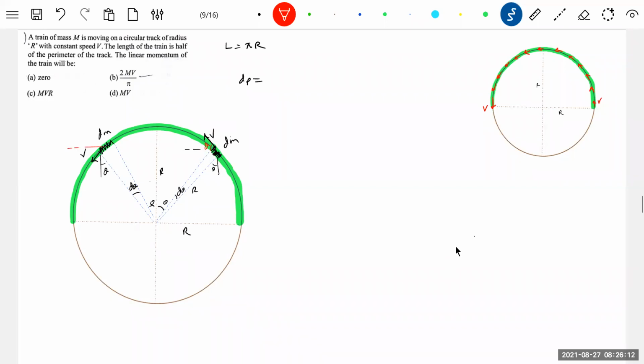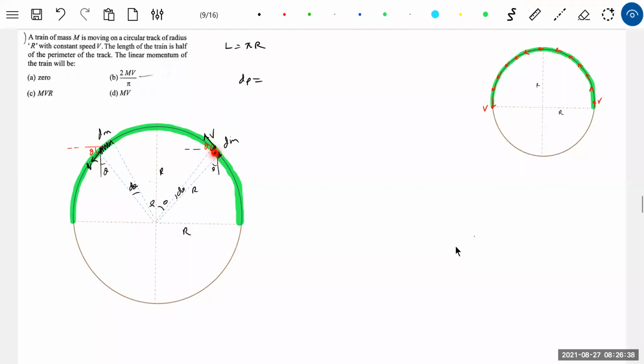Similarly, you resolve this, so this will be theta. Which components will get subtracted? The y components will get subtracted. So dm v sin theta will be vertically down, and dm v sin theta vertically up.